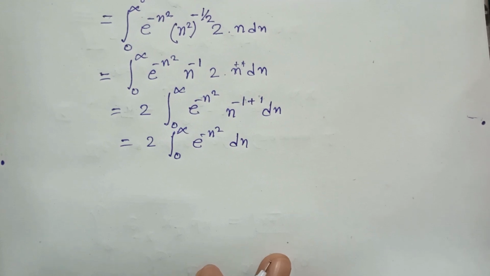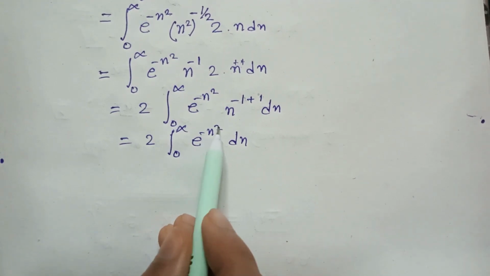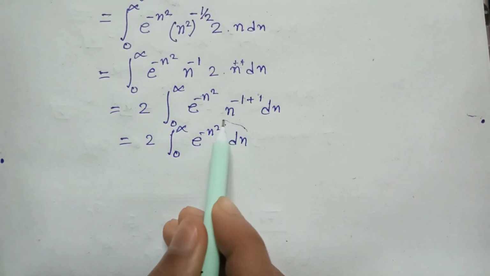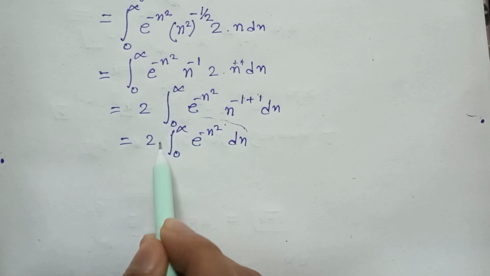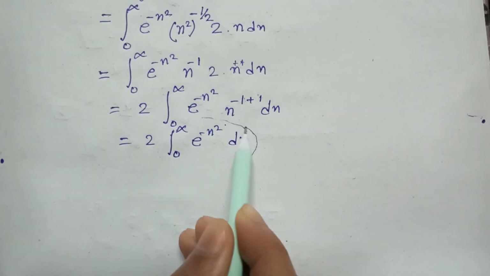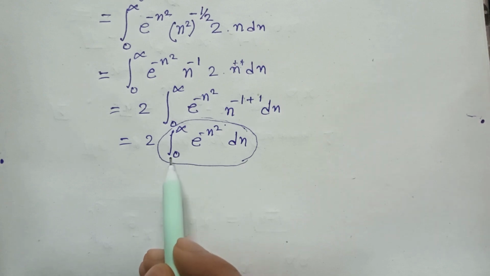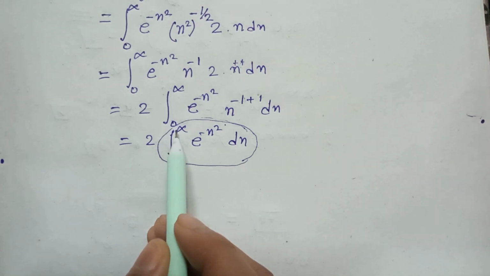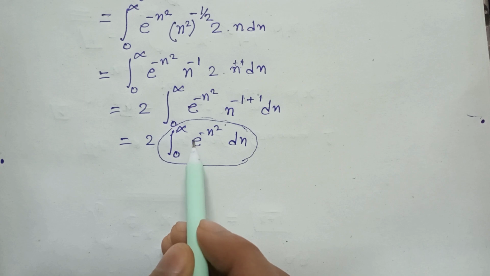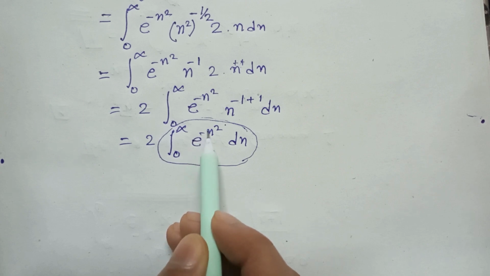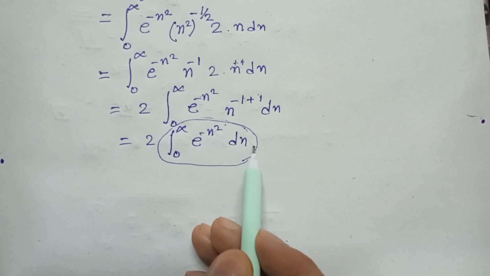Now comes the interesting part. Here we have the integration from 0 to infinity, and in the integration we have e to the power minus n square dn.